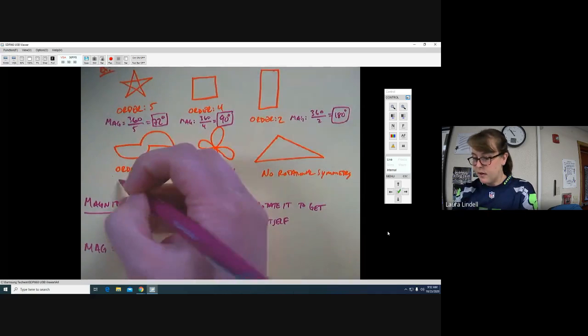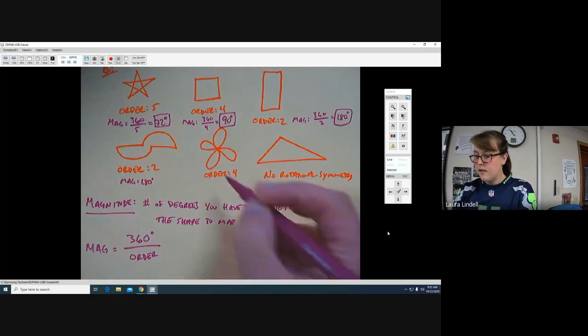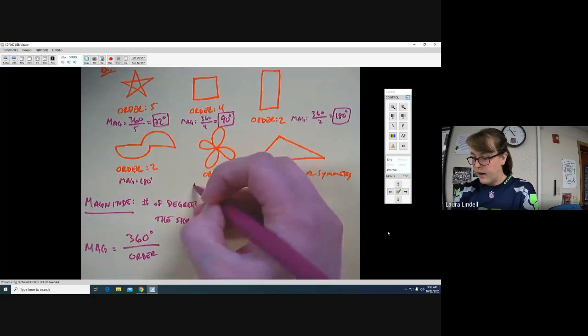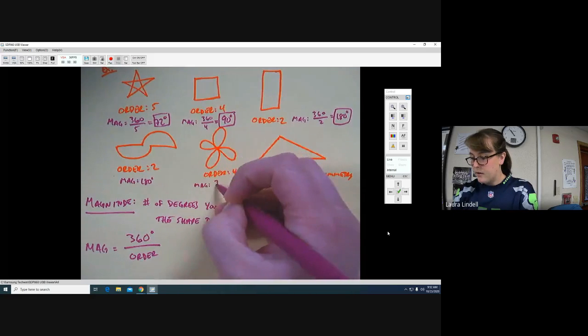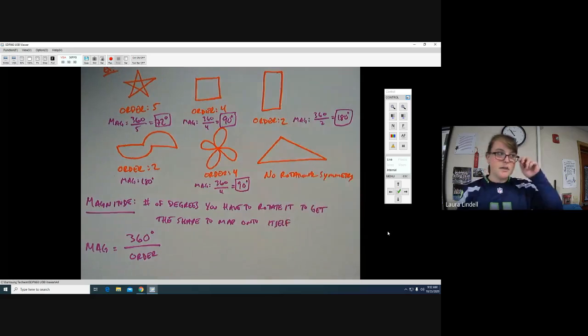Same thing with this one. And then this one is similar to the square, where magnitude is 360 divided by 4, which is 90. And then this one with no rotational symmetry, we don't have to worry about magnitude.